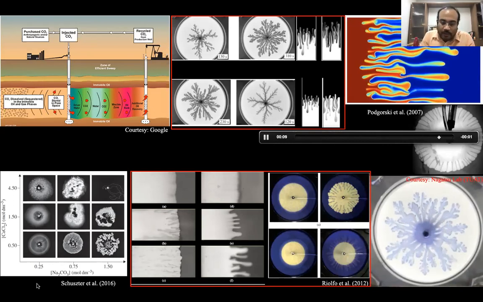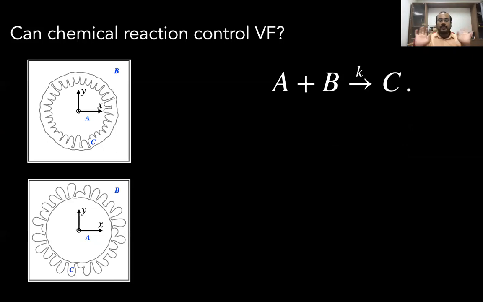For this purpose, we move forward to ask a few things. We started with a very simple situation, and we ask, can chemical reaction control viscous fingering? This is the first question that we ask ourselves. And for that, we consider the simplest possible reaction setup, saying A plus B goes to C.